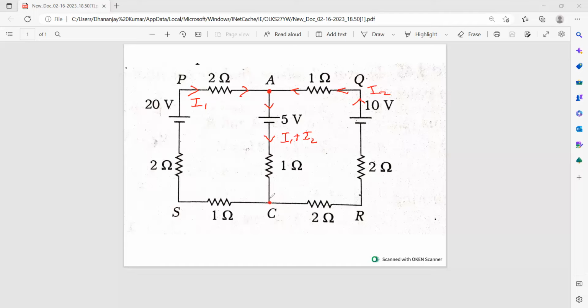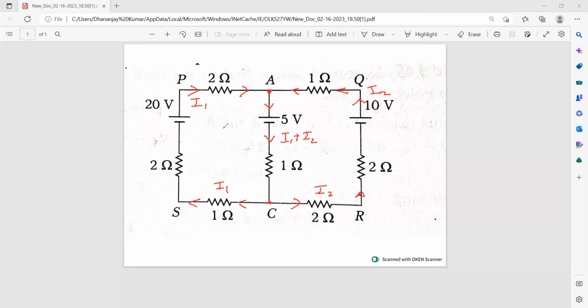I1 will be going to 1 ohm, I2 will be going to 2 ohms, because whatever current is coming out of the cell, that much current has to get into that cell only. So in the 1 ohm we will have I1 going, and in this one we will have I2 going.